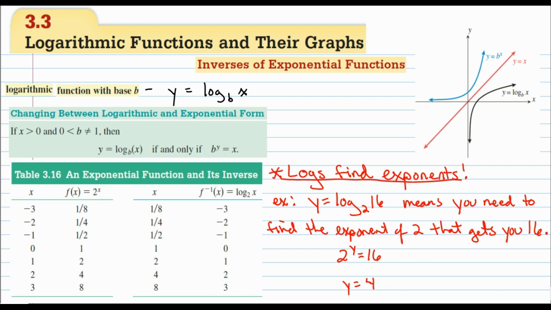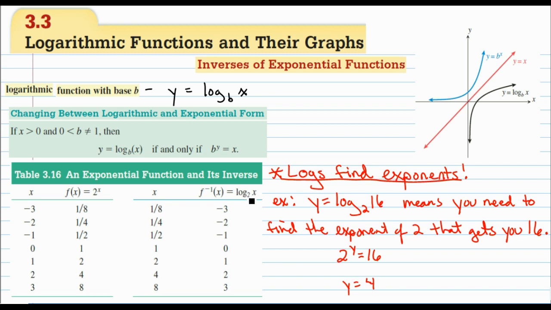Now, a log function is its inverse, meaning the x and the y coordinates change places, change roles, change relationships. So now your x values are the exponents that you found and the y values are the numbers you plugged in. So your function would look like the inverse of f of x, or y equals log base 2 of x.